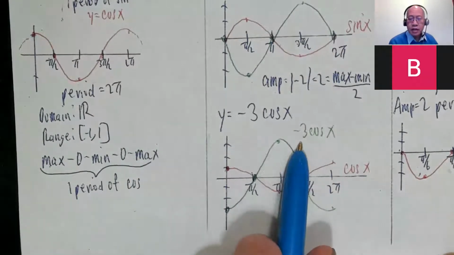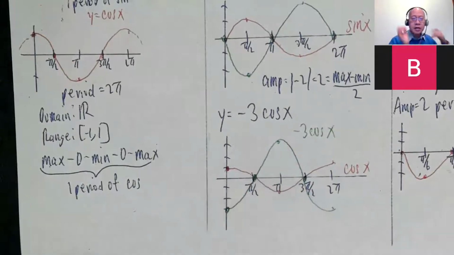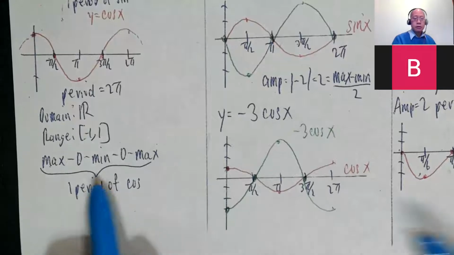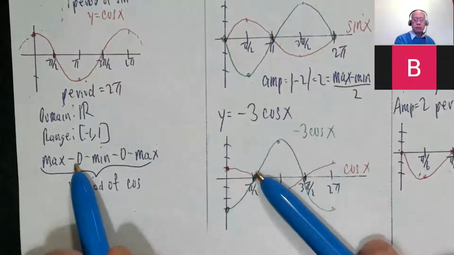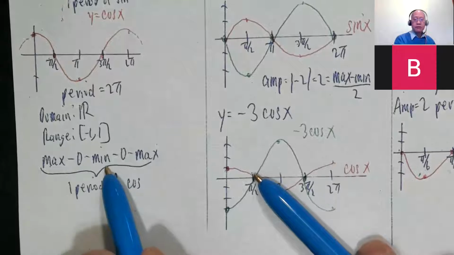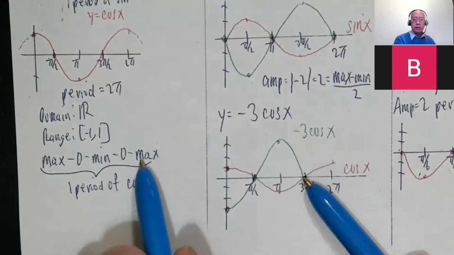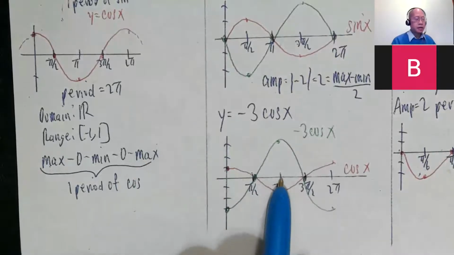Because of the -3, it goes down to -3, goes up to +3, and because of the negative, it starts at the minimum. So notice here it's max, but this is min. Back to 0. And where you used to have a minimum, it's now a maximum. Back to 0. And instead of maximum, minimum again. So here's -3 cosine x.